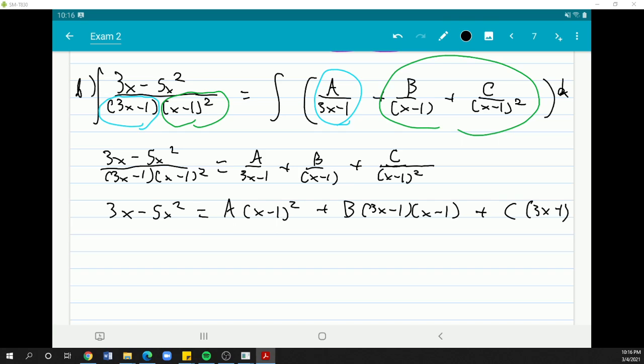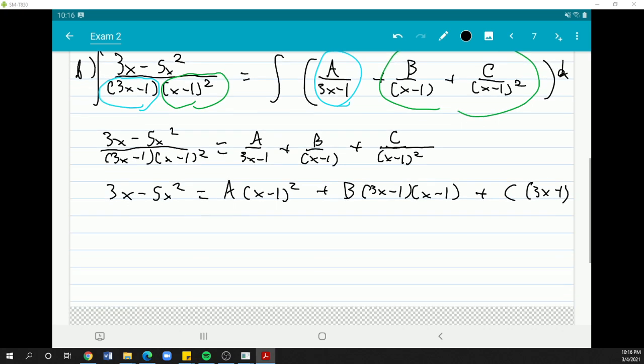But if we wanted, we could actually find c pretty quickly by plugging in 1 into both sides. Because I would get 3 minus 5 is equal to a times 0 plus b times 0 plus c. Actually, let me go ahead and show that because that's a good trick.